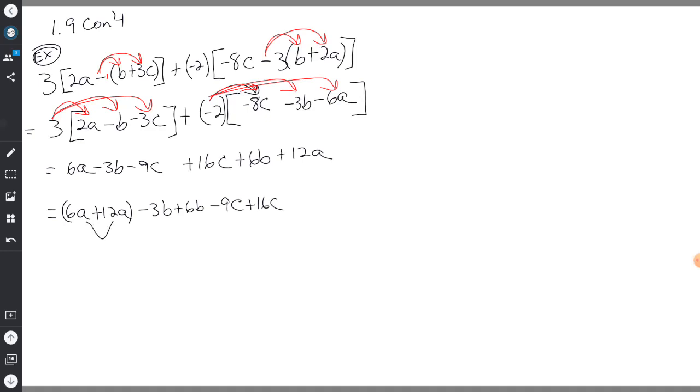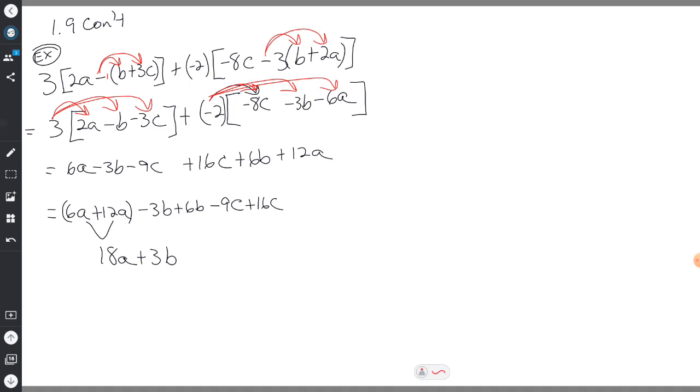Okay, so here we do that. We get 18a. Adding, we do not change the power when we're adding. So plus 3b for this one here.